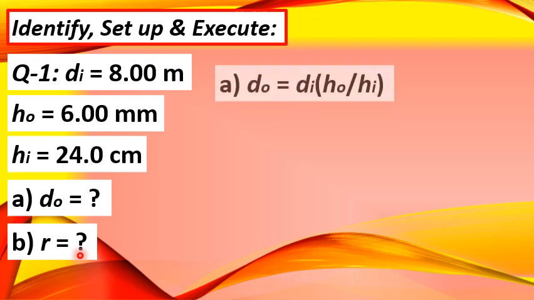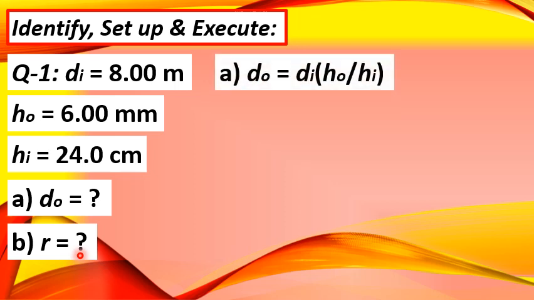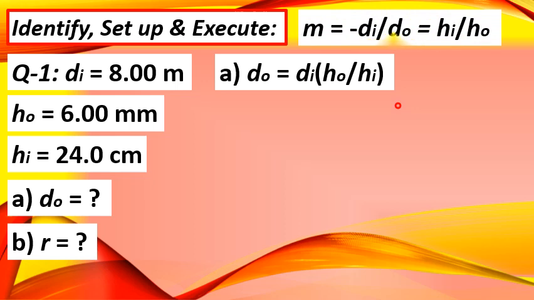And for our solution, we use the formula do equals di times ho over hi. Now, this is actually based on the formula for lateral magnification, small letter m, which is equal to negative di over do, or hi over ho.